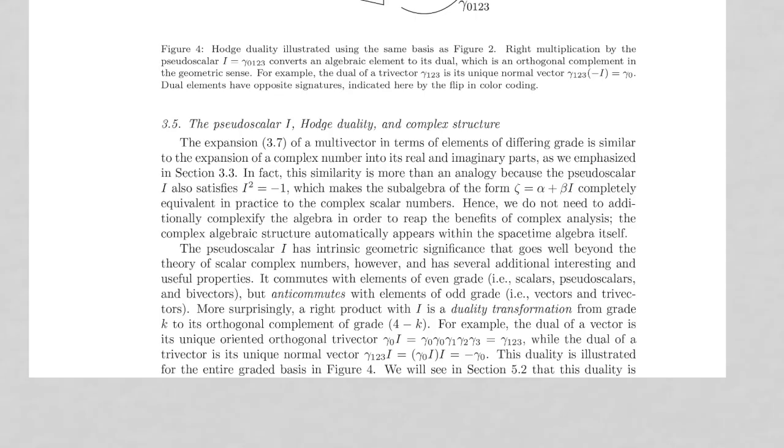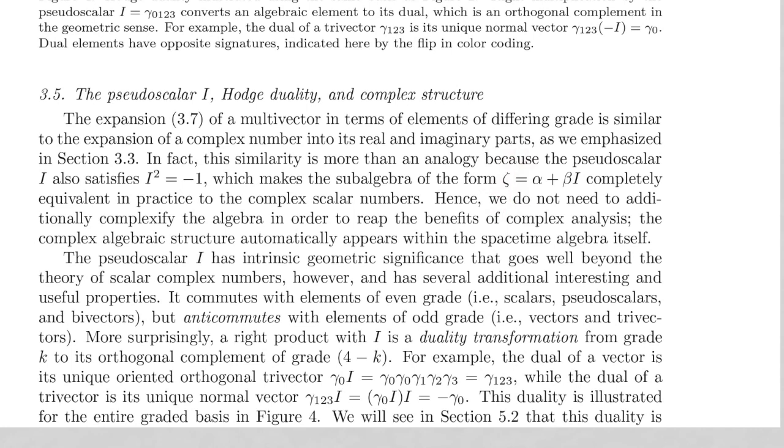So then they write, in fact, this similarity, that is the similarity of real and imaginary parts, is more than an analogy because the pseudoscalar I also satisfies I squared equals -1, which makes the subalgebra of the form zeta equals alpha plus beta I. My apologies if I misnamed that Greek letter; for some reason I'm blanking on it.